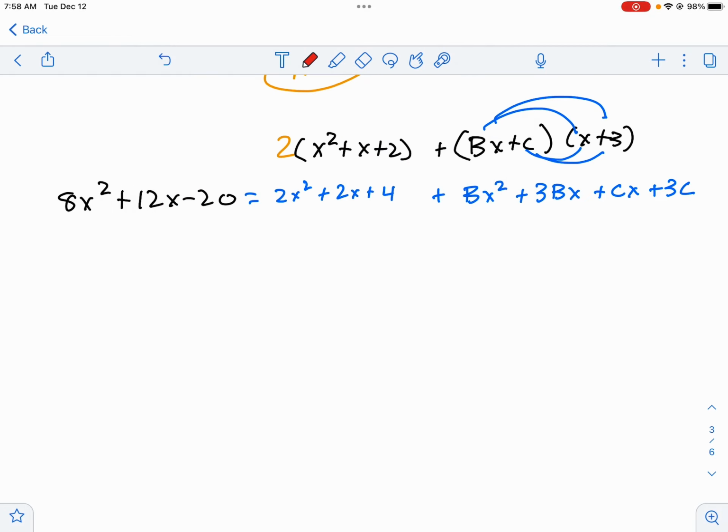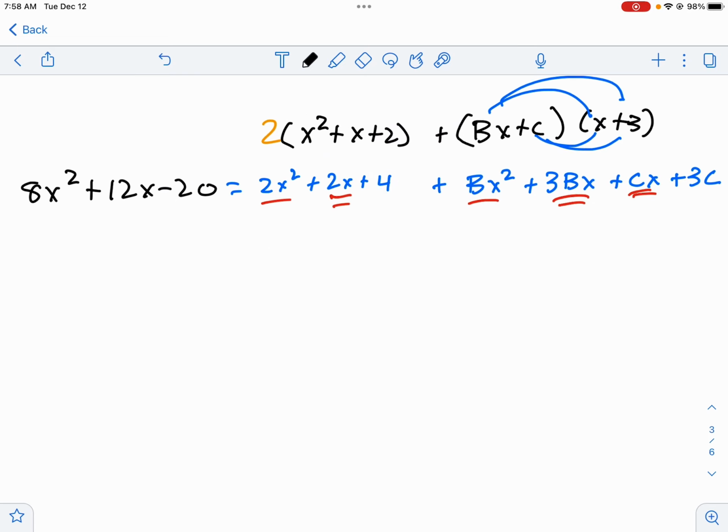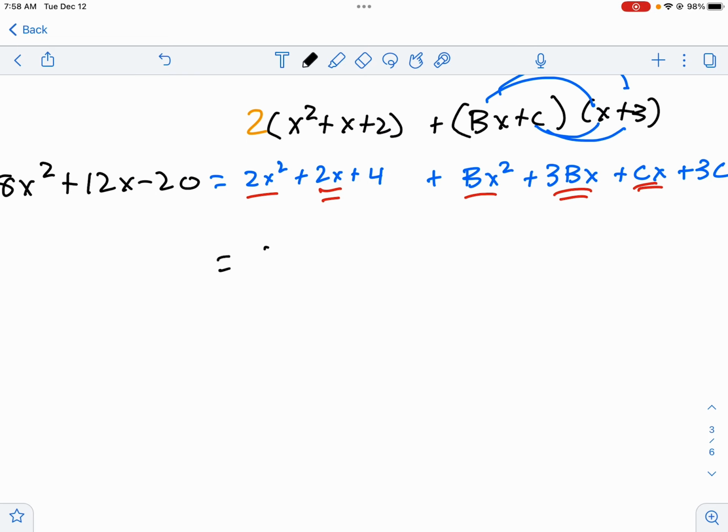Let's combine like terms. I could put these two together because they have an x squared. I could put these together because they have an x. So I have 2x squared plus bx squared. And then I'm going to do this quick where I can take out an x squared.